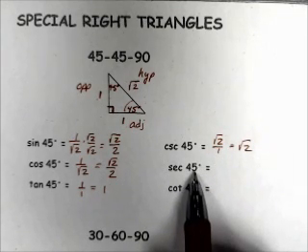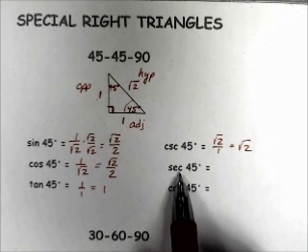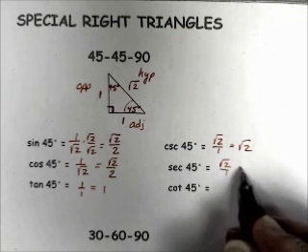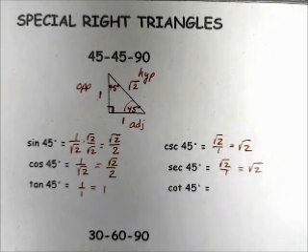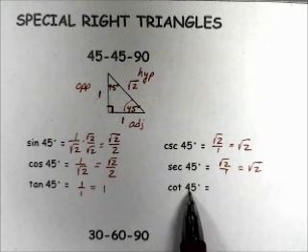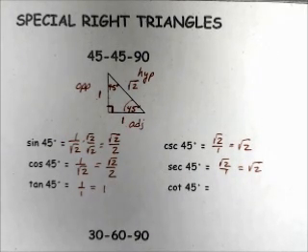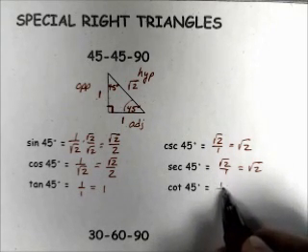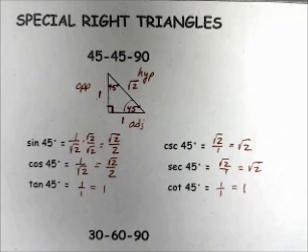The secant of 45, secant is the reciprocal of cosine, so that would be hypotenuse over adjacent, the square root of 2 over 1, which again is the square root of 2. And the cotangent of 45 would simply be the reciprocal of tangent, or adjacent over opposite, which is 1 over 1, which equals 1.